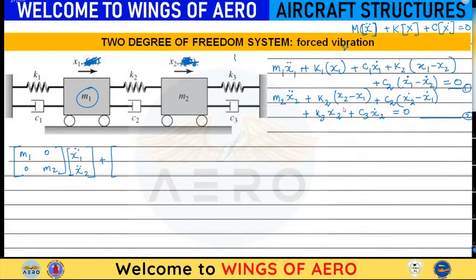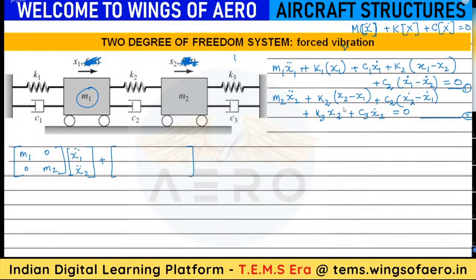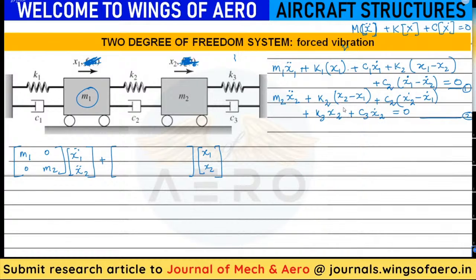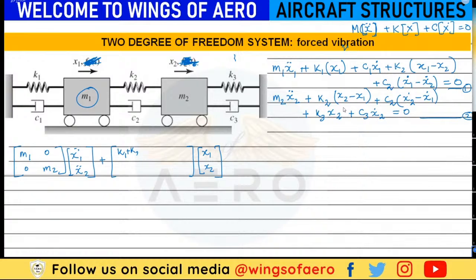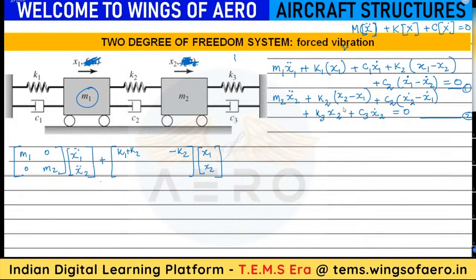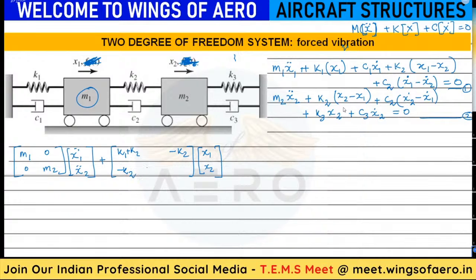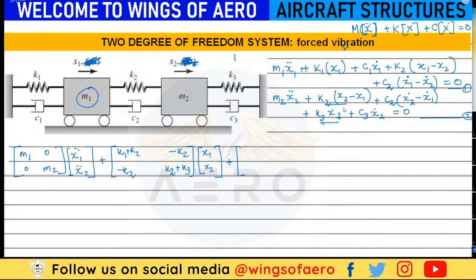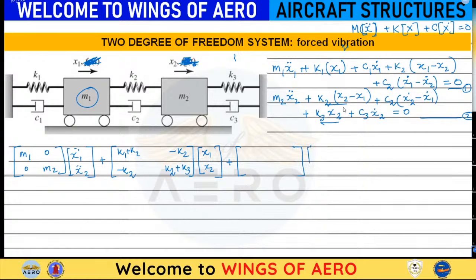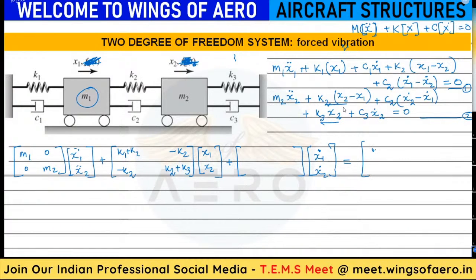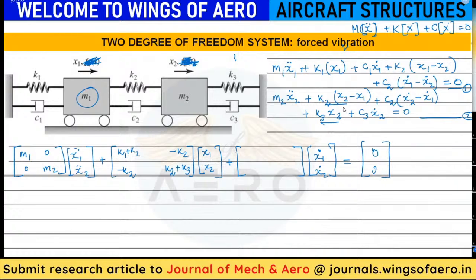We need to rearrange the system, filtering the x1 and x2 parameters: k1 plus k2, minus k2, then minus k2, k2 plus k3, plus c times x1 dot and x2 dot, equated to 0 0. This will be the matrix form.